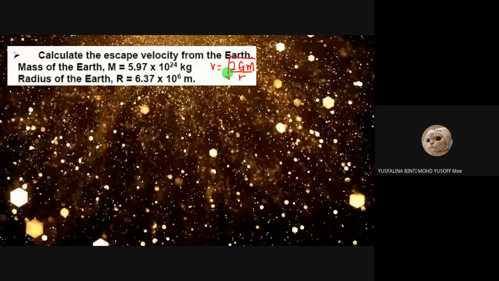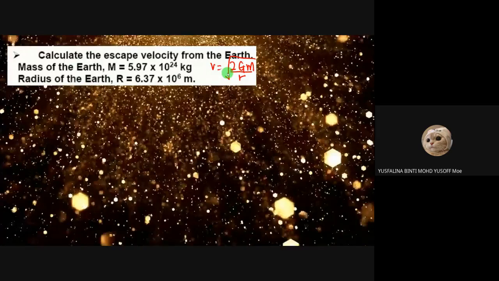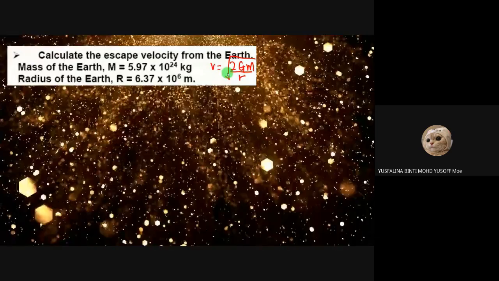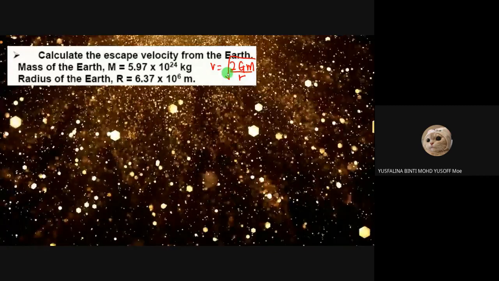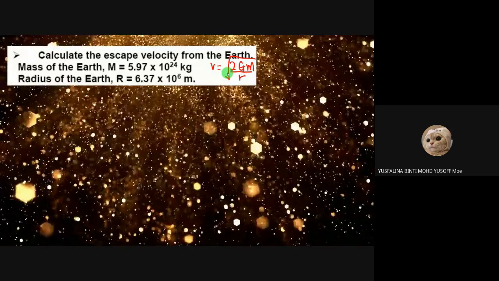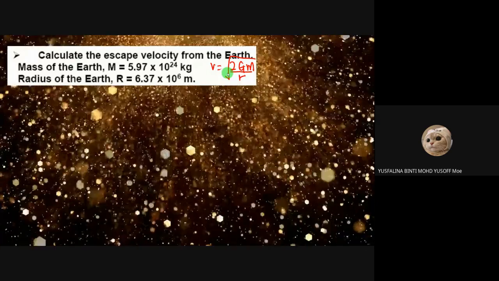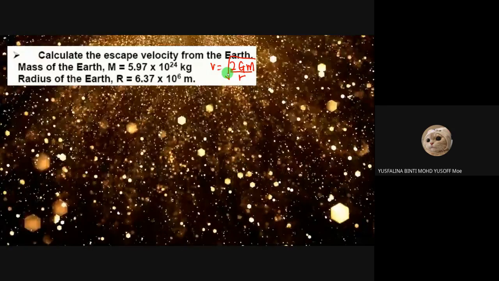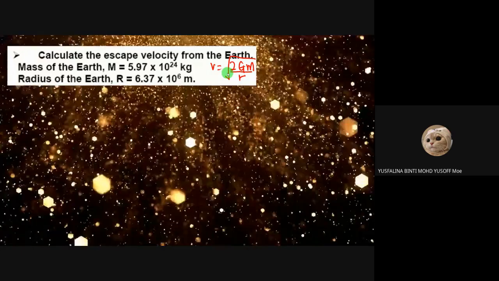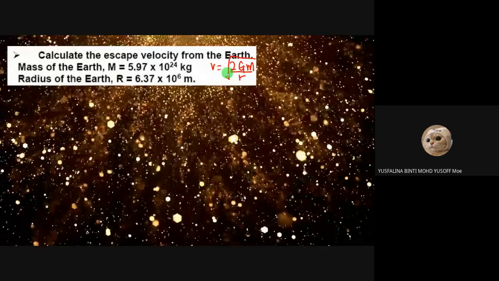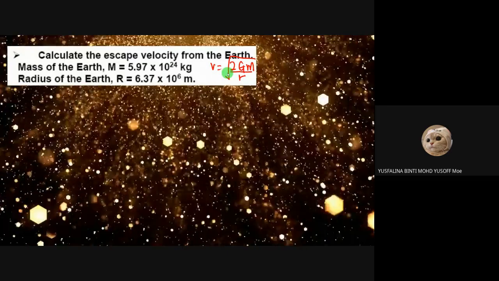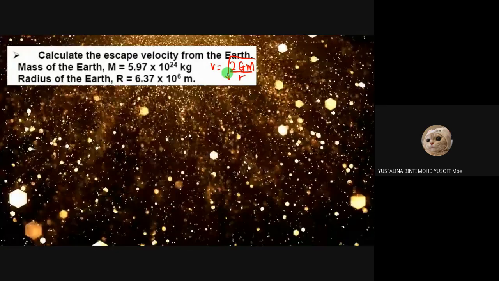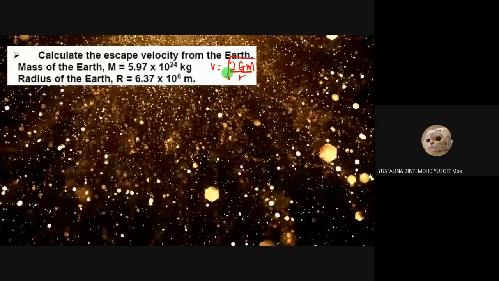Can you put the answer in standard form? Because 11.2 you can still simplify it. If you want to put it in standard form, the value must be from 1.1 until 9.9. Yes, 1.12 times 10 to the power of 4. Others? Why is it always the same people giving the answers?